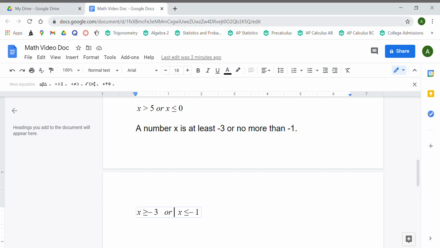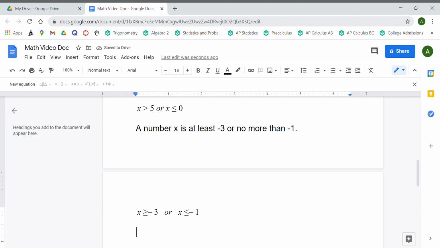So this is actually an inequality that has an infinite solution set, where all real numbers are solutions to this inequality. Pretty weird, huh?